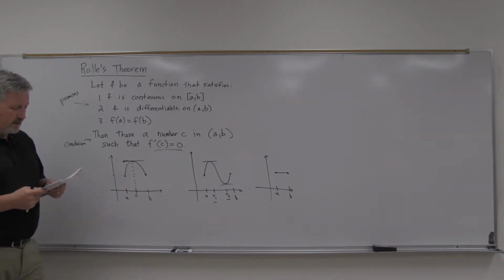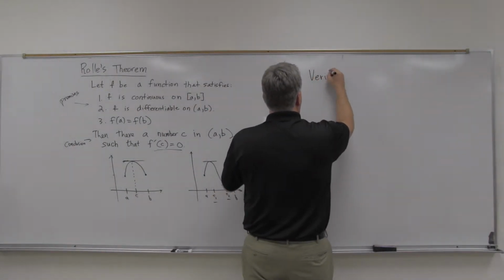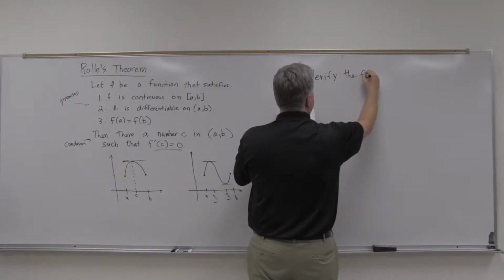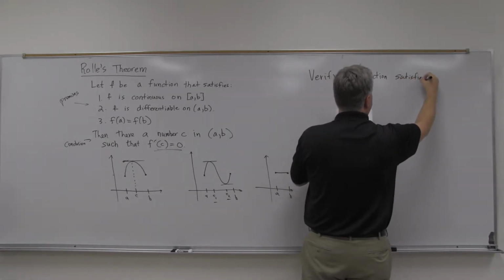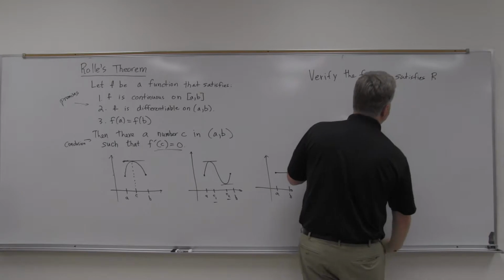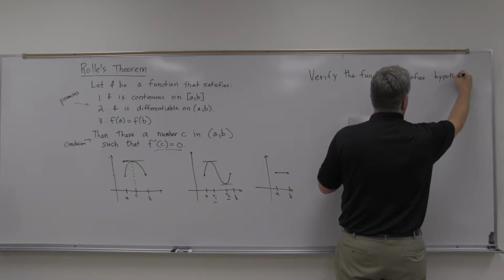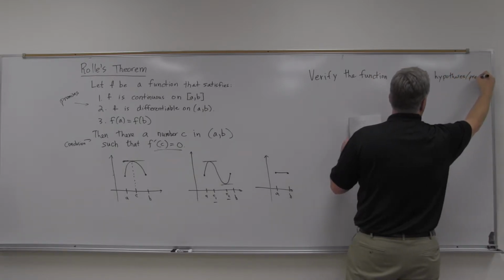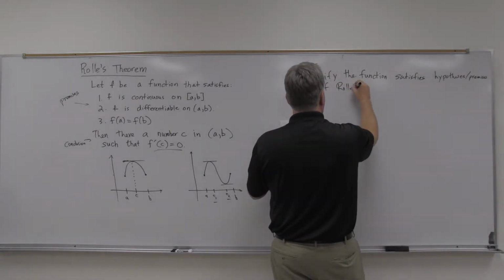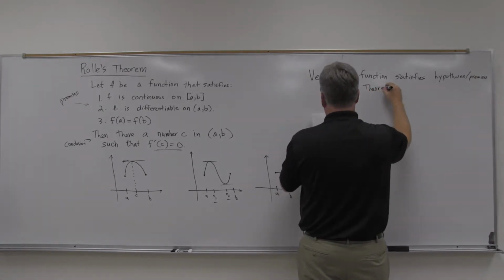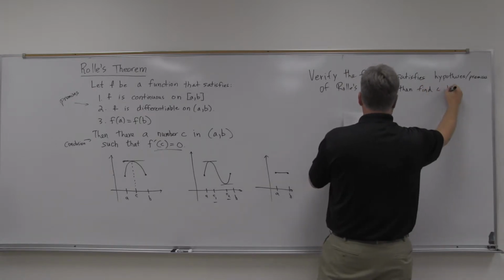Okay, so what do they have you do here? Well, a couple things. They have you verify the function satisfies the hypotheses, or premises, of Rolle's theorem. Then find c that satisfies the conclusion.